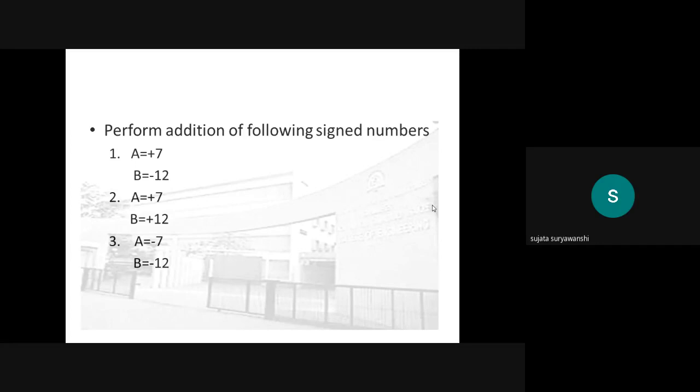All of you should solve this example. I can ask anyone. Are you having a problem solving this example?